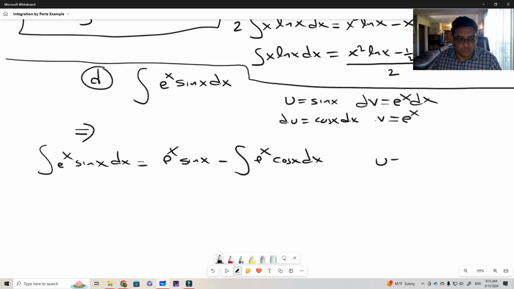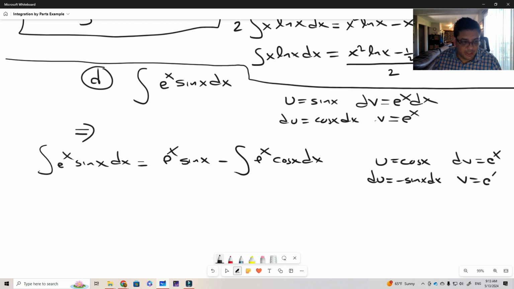And so we're going to follow the same pattern. u is cosine of x, and so du is going to be minus sine of x dx, and dv again e to the x, and so v is e to the x. But now notice what's going to happen. Actually, let me write this here.